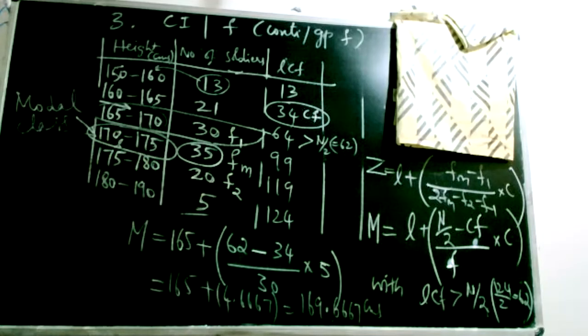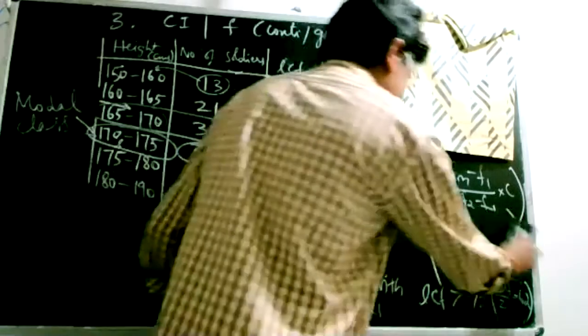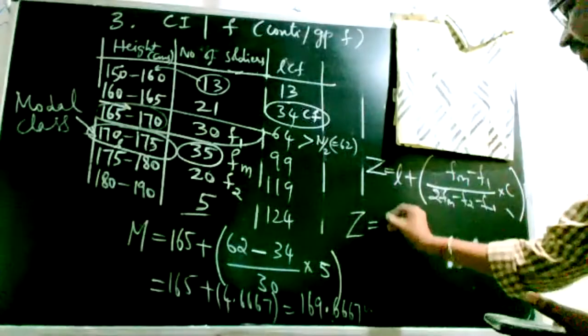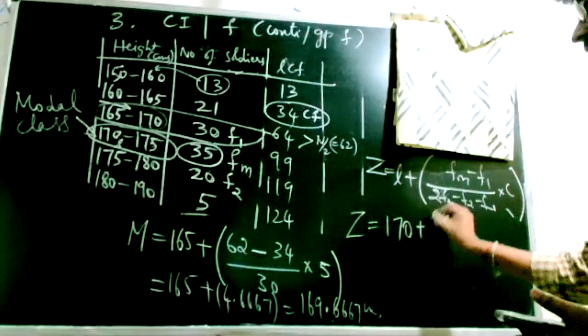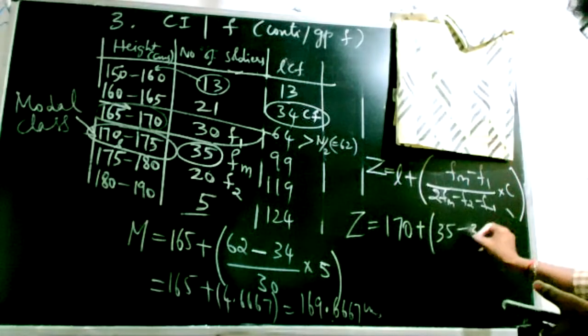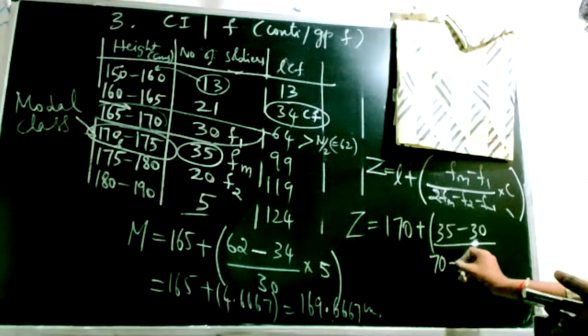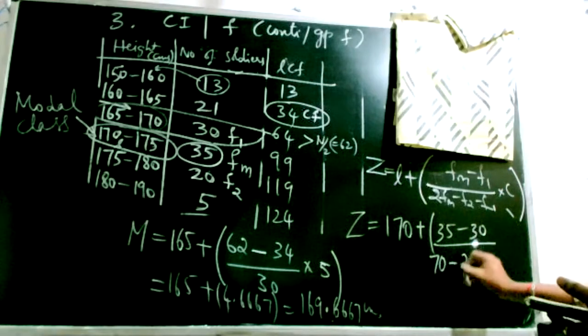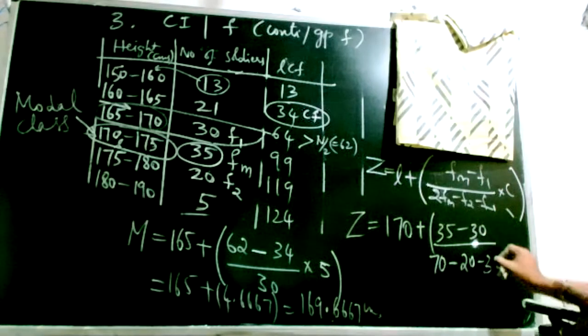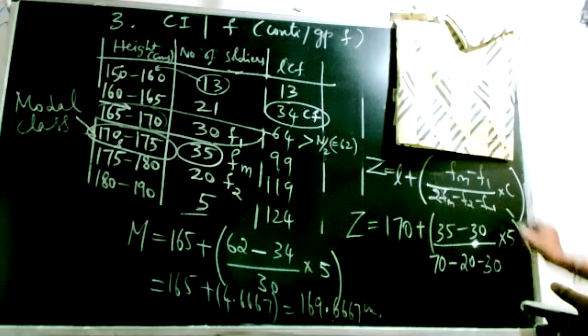So when you substitute that, you will get your Z is equal to L, in this case 170, plus Fm is 35 minus F1 30, divided by 2 into Fm, 2 into 35, 70, minus F2 minus F1, into class width of this, which is 5.